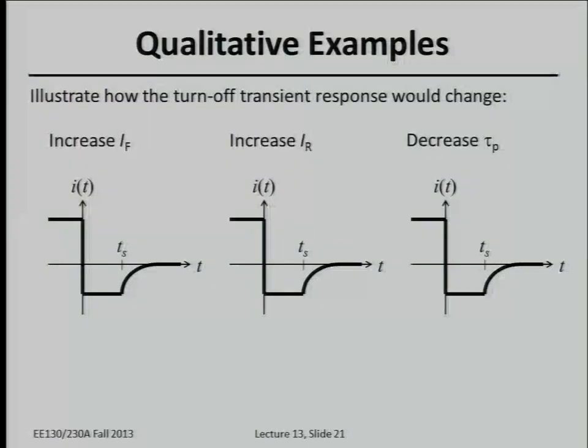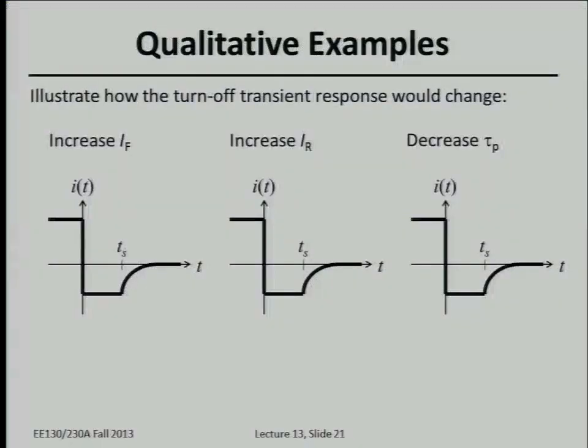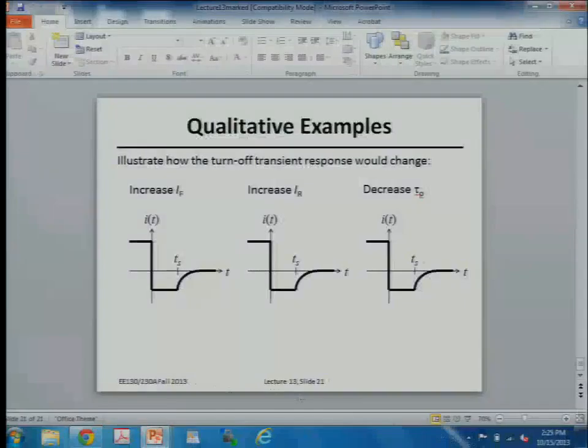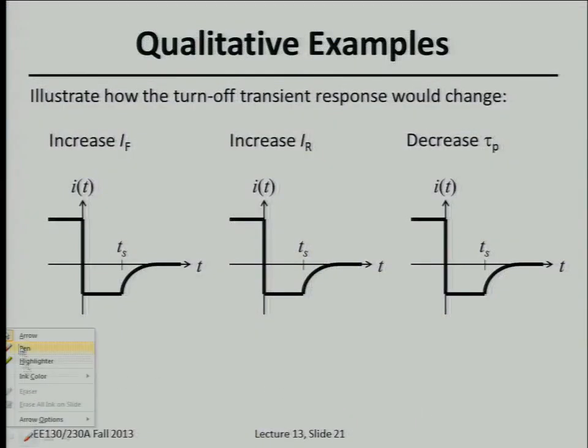Okay, let's say we start with a diode in the on state, flowing some forward current, and then at time t equals 0, we suddenly force the diode to turn off and go into reverse bias. What will happen in each of these three scenarios? This is a typical type of question we could ask on a quiz.